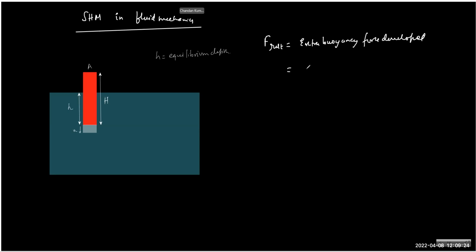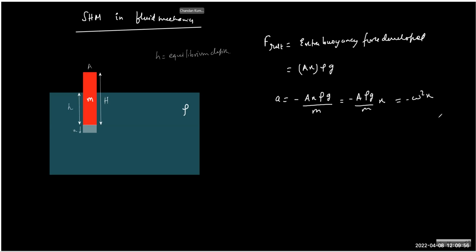It's area of cross section into x into rho G. And if the mass of the cylinder we take as M, and rho is the density of liquid, the acceleration will be minus the restoring force upon mass, which is minus A rho G by M into x.